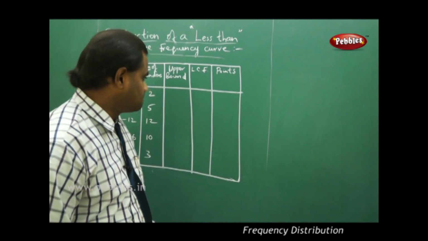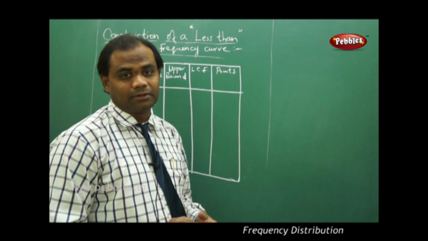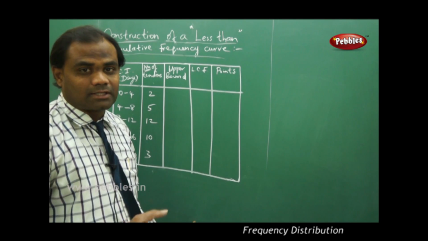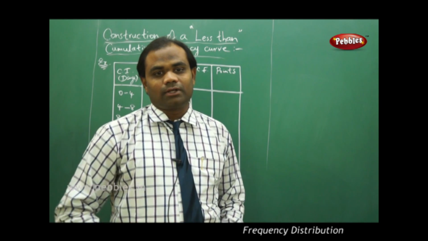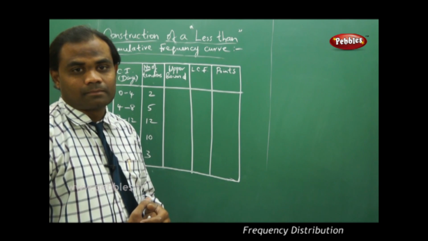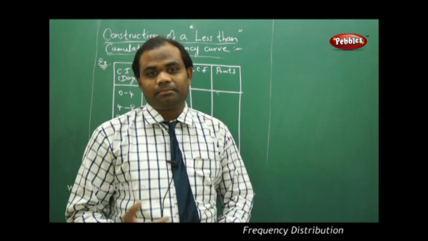Now coming to this, let's see what are the essential factors for constructing a less than cumulative frequency curve. For a given class interval and a frequency, the first and foremost thing which I require for the construction of the respective curve is the upper bound. Then I need the less than cumulative frequency, which we already have done in the previous sessions.